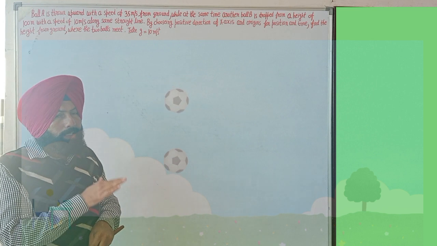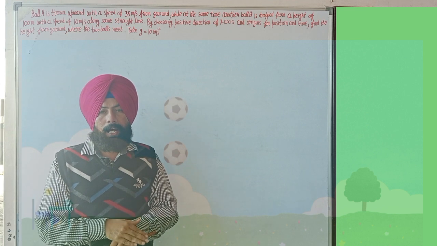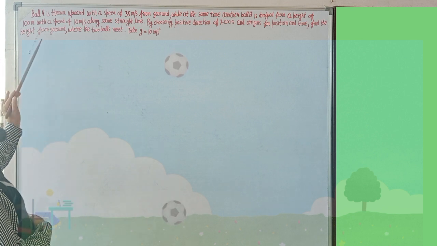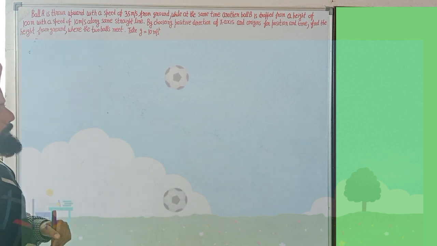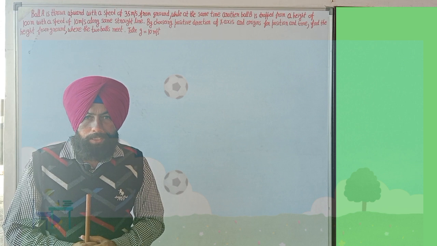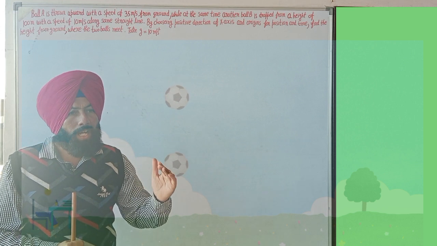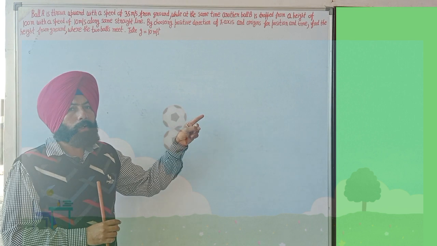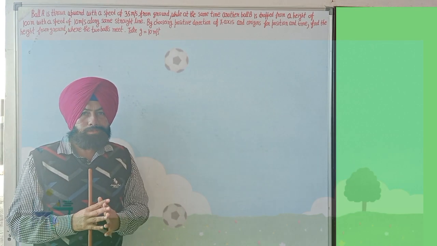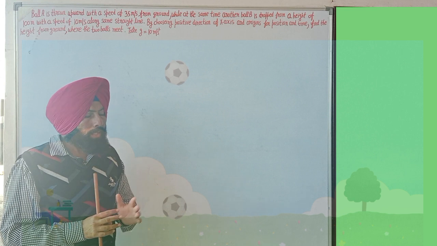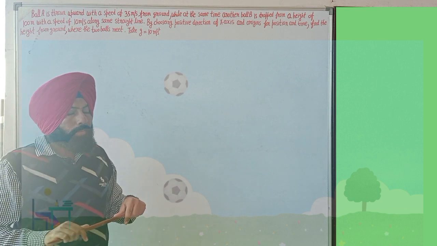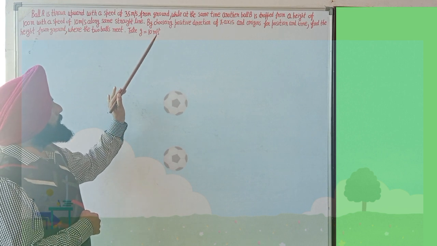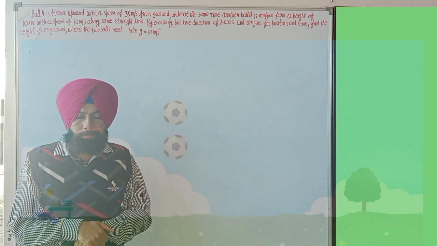In this numerical, we have to find at what height from the ground the two balls meet. We have been given that take g equal to 10 meter per second square.